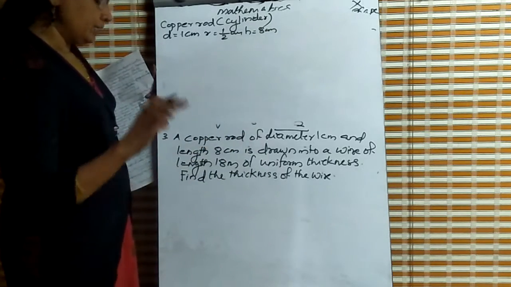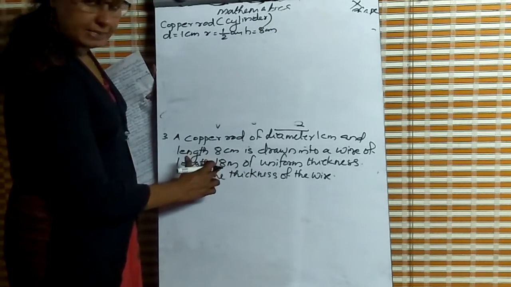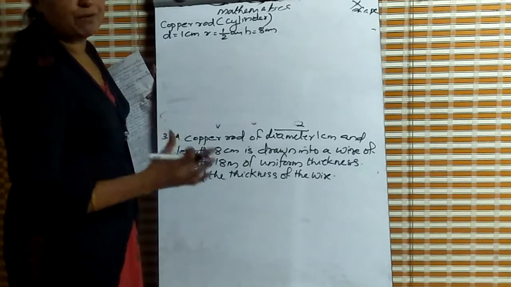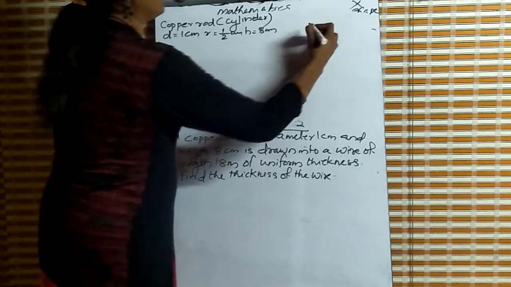It is drawn into a wire of length 18 meter. Drawn means it is reshaped into a wire of length 18 meter.